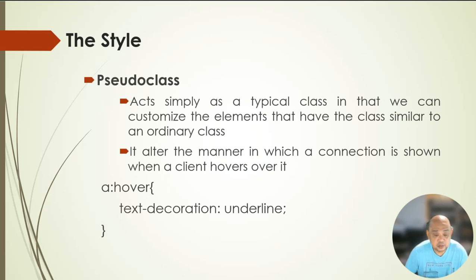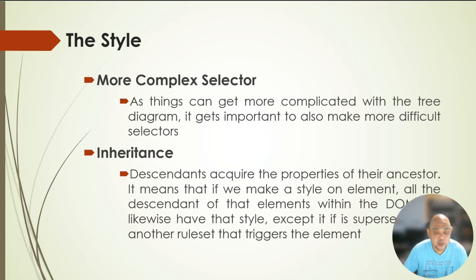When we hover the pointer over the tag a, the word will have an underline below it. Basically, it is used as a design when the pointer is over the content we use it from.